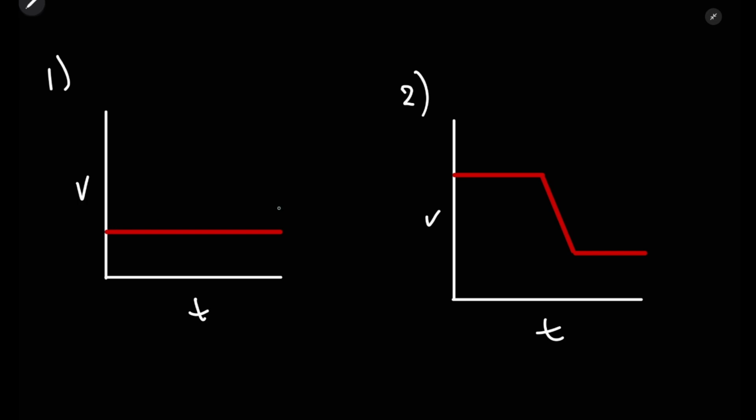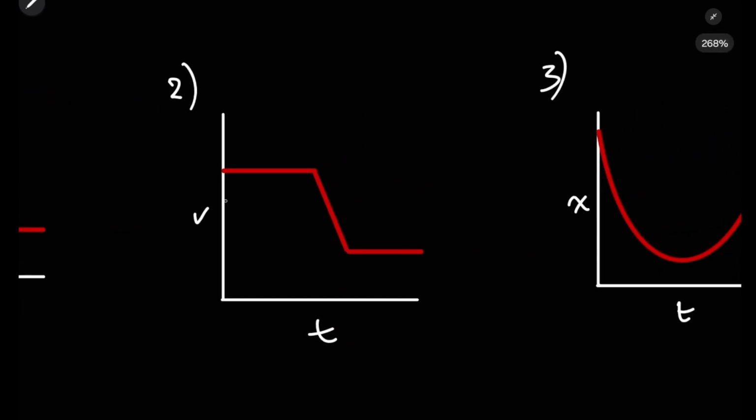But our line is a straight line. Now, what did we say about straight lines on a velocity over time graph? It's a constant velocity, there's no acceleration. On here, there's no acceleration.